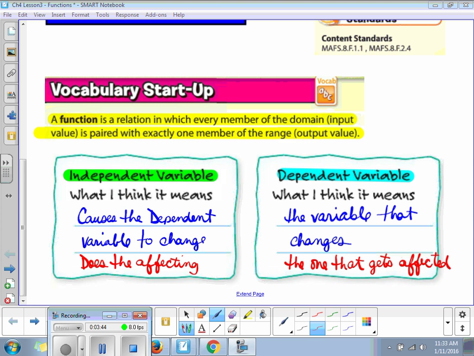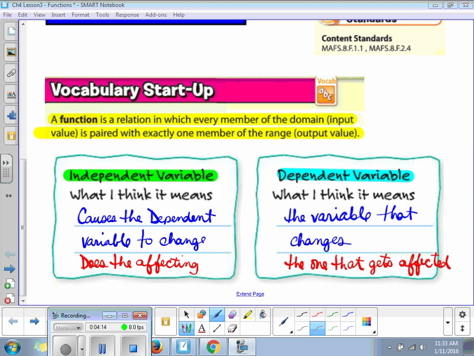What about the distance driven in a car and the amount of gas you have in the gas tank? Which one is the dependent and which one is the independent? The amount of time you drive in a car and the amount of gas in the tank.